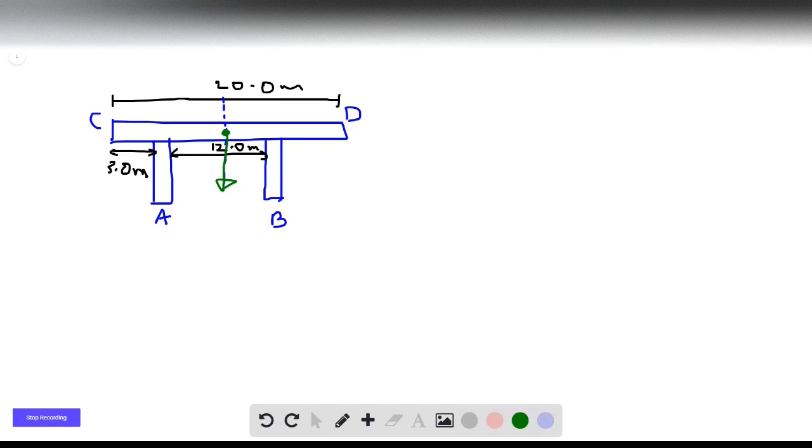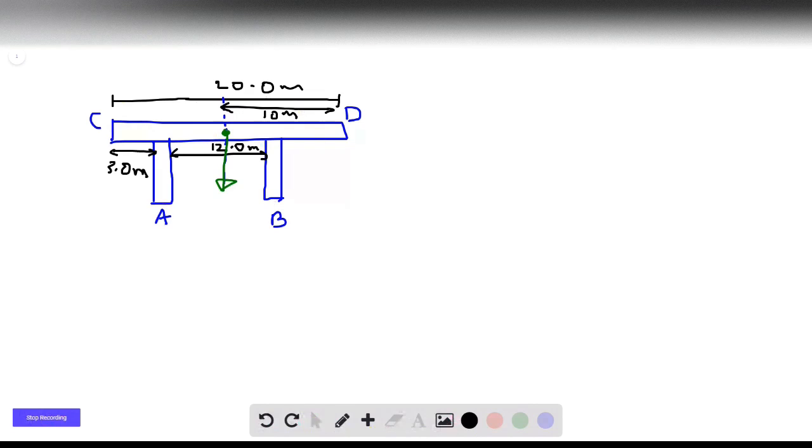So from the left side, it's 10 meters, and also from the right side it's 10 meters. So this distance right here from the edge D up until the center, that's 10 meters.